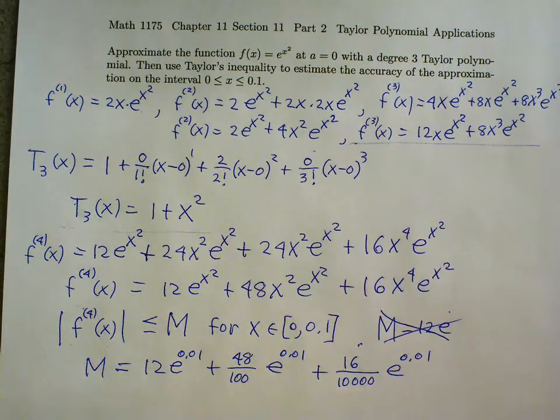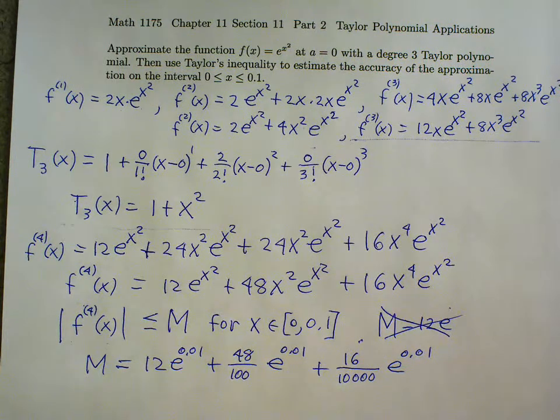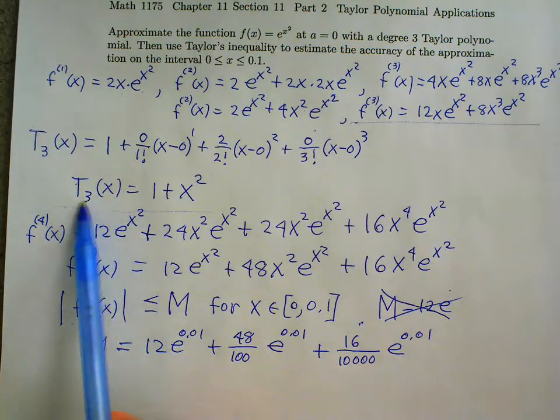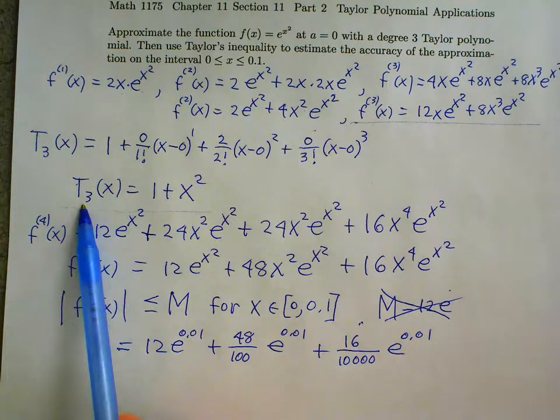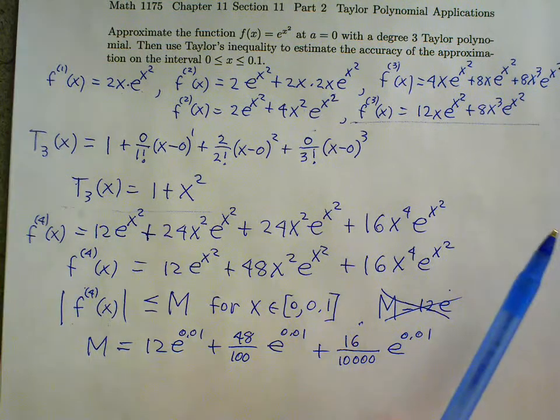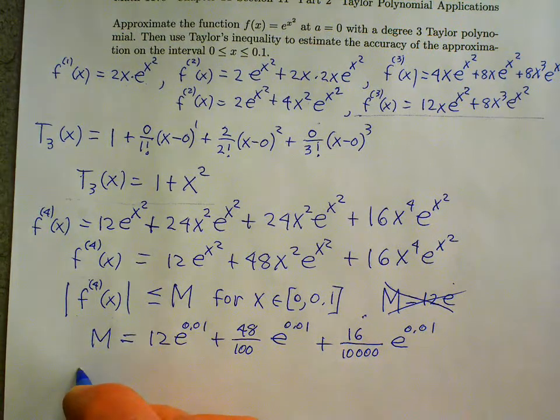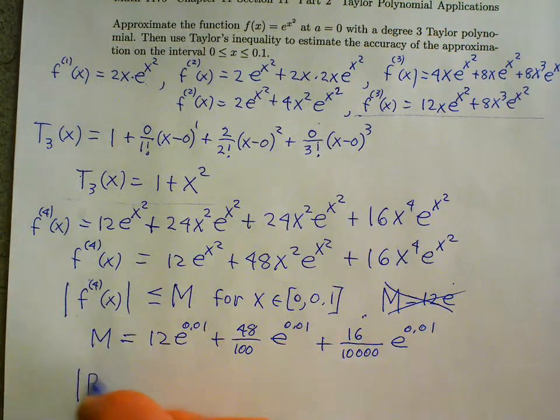Okay, so what comes next? Well, for the degree 3 Taylor polynomial, we want to know what the absolute value of the remainder, R sub 3 of x, is.